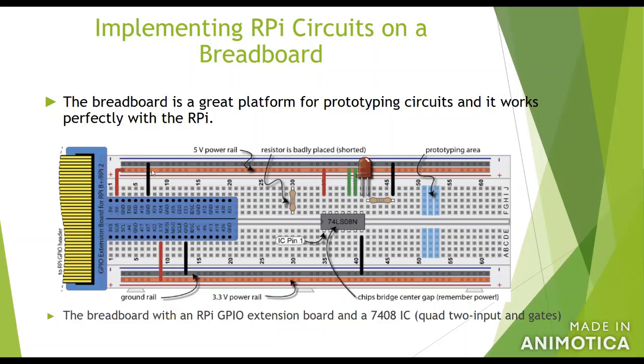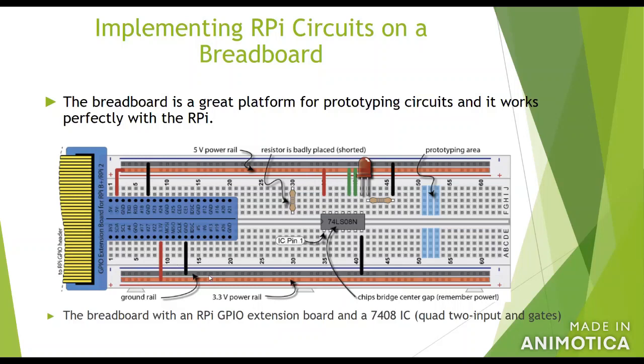This one also, all these holes are connected together. So usually we'll use this row of holes as the positive voltage supply line, and this row of holes works as the negative supply line. Okay, same thing for the other side.